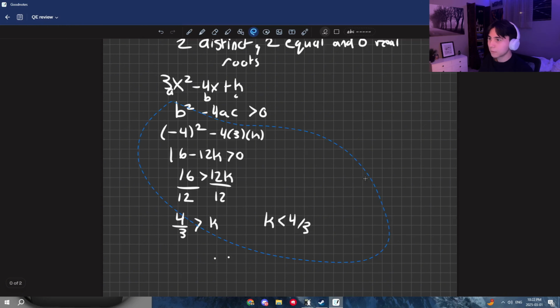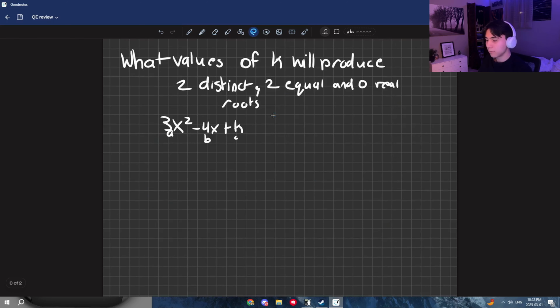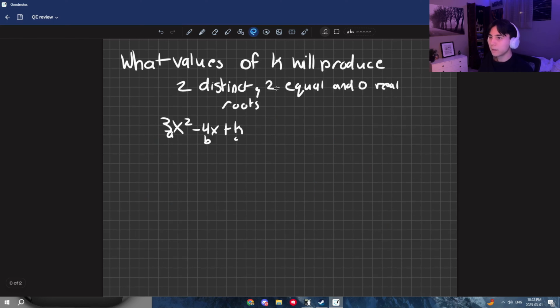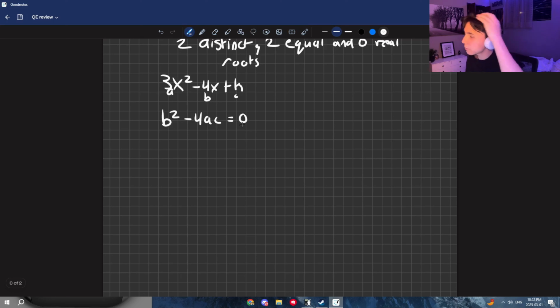Now we're going to do the second part of this. If we have two equal roots, that means our discriminant is going to be equal to 0, because with two equal roots we're going to have a perfect square trinomial. What that may look like is (x plus 3)(x plus 3).